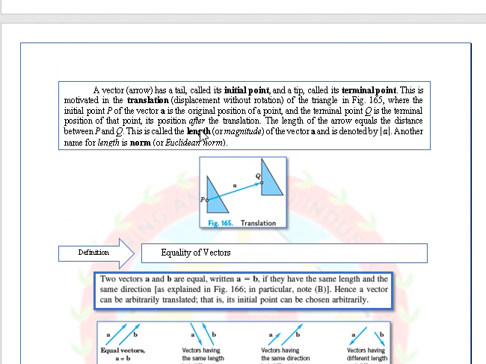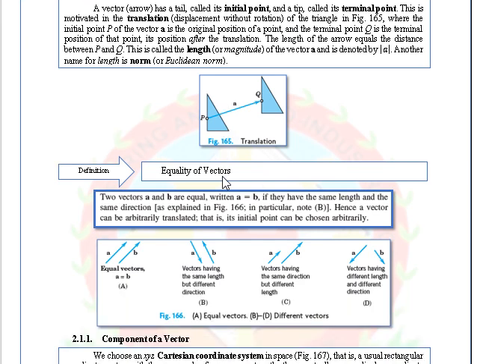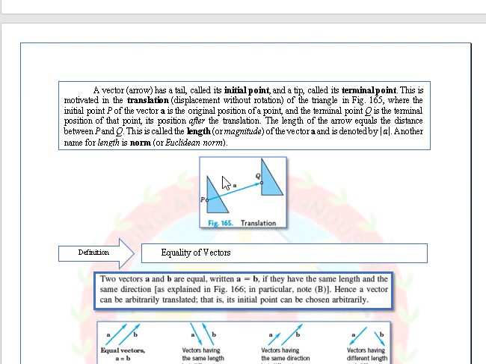Its tail is called its initial point, meaning where it originates, and its tip is called its terminal point. So when you have a vector, you can represent it using an arrow whose tail suggests its initial point and whose tip suggests its terminal point.